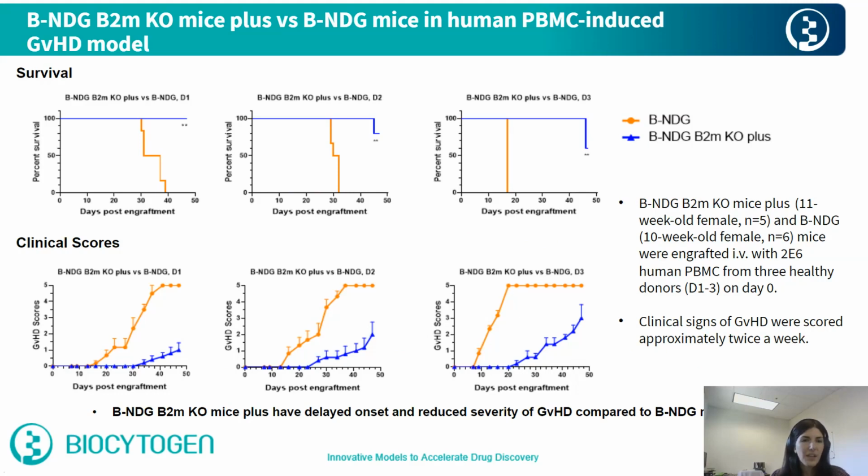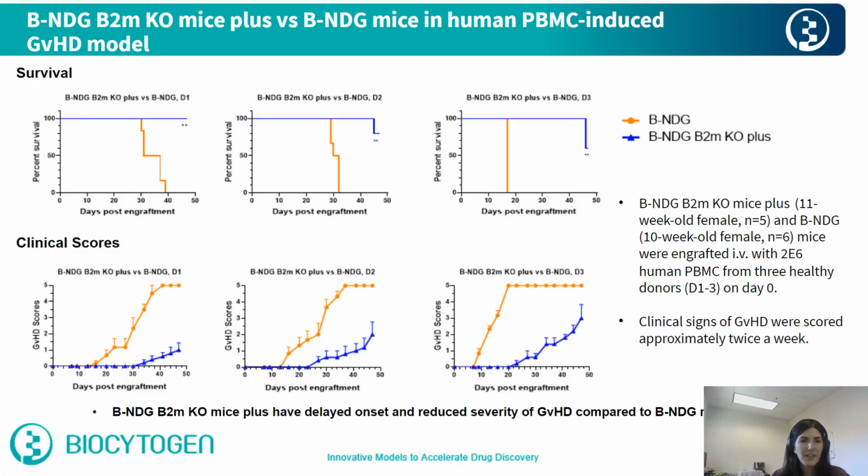So we next tested the engraftment capacity of PBMCs in these mice using 3 separate donors in each column here. And as you can see by the blue lines, the BNDG B2MKO+ mice were able to survive significantly longer than the parental strain when engrafted with the human PBMCs from each donor, with a significantly lower incidence of GVHD symptoms, as shown on the bottom row, and with each donor, which includes signs such as lethargy, lack of response to stimulation, hair loss, and so forth.